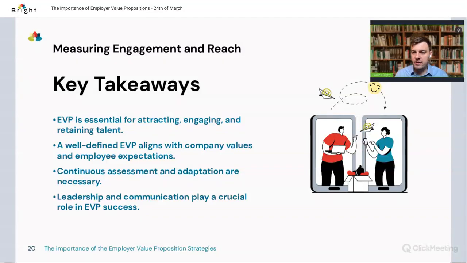It's important as well not to feel like you've done this and therefore that's it for another 5 years. Continuously assess, continuously adapt it so that it stays relevant to people. And then make sure that you're getting leadership on board and that your communication is continuous, so that everybody is bought in from the beginning, but also throughout the entire process.